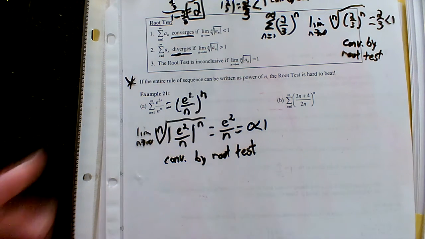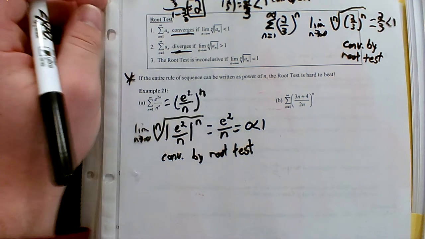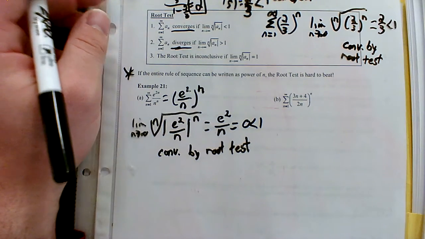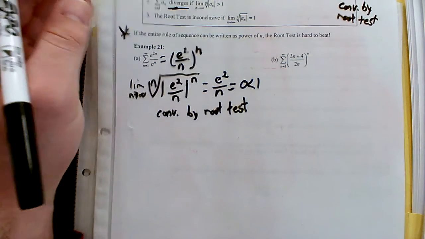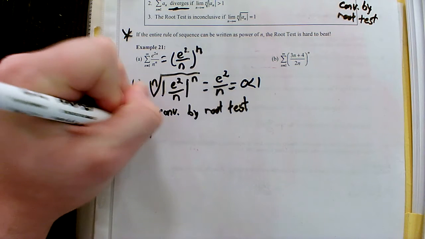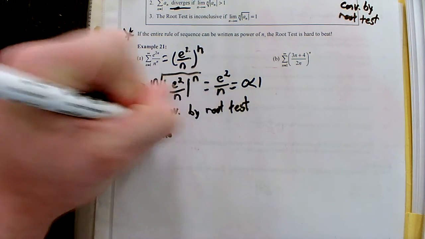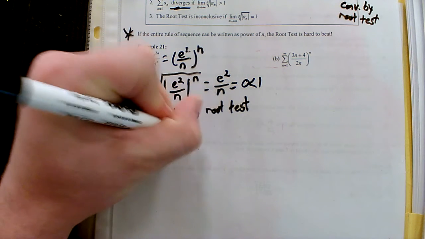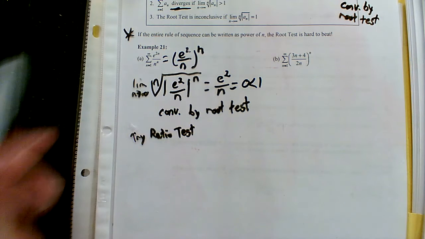Okay, before we go to the next example, I want to do the same example, but I want to try another test. I want to try the ratio test. Let's see if we can get it to work on this one.